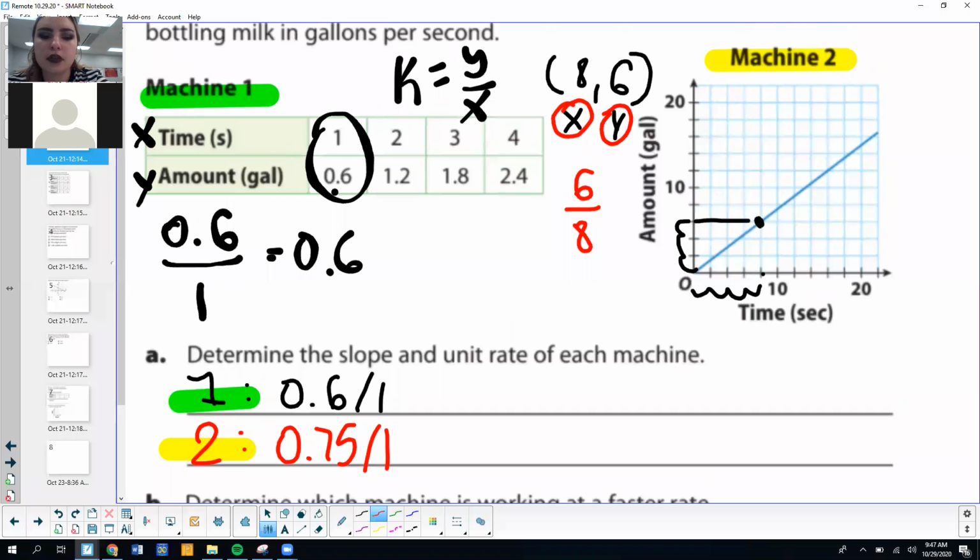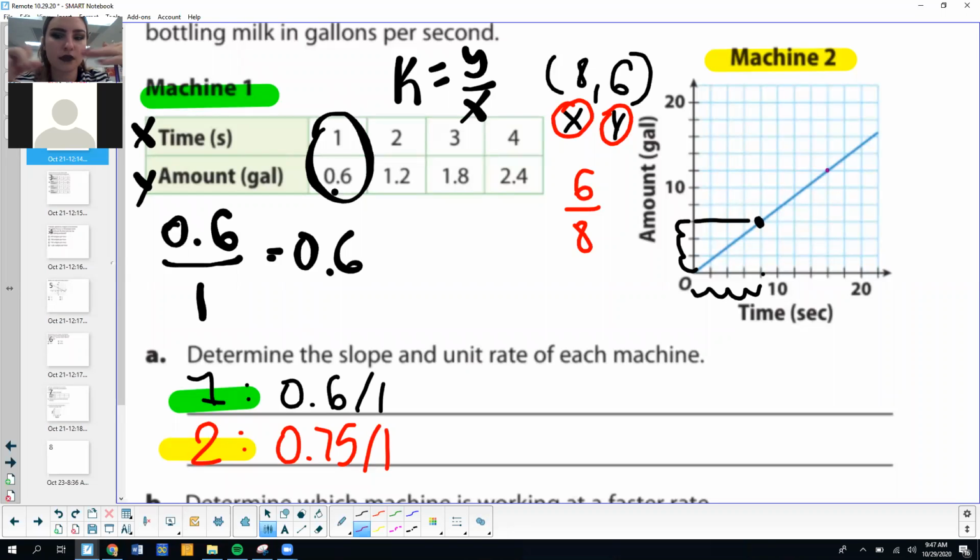All right. So now we want to find the slope and the unit rate of each machine. We found the unit rate. Slope, if we remember, and we'll talk about this a little bit more next week, we talked about rise over run. I think it paints a good visual using the graph.